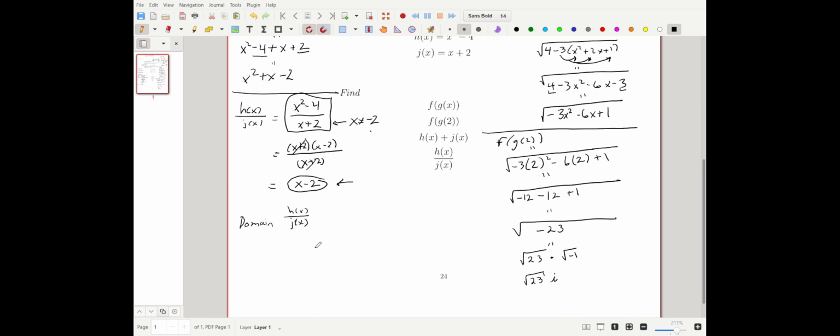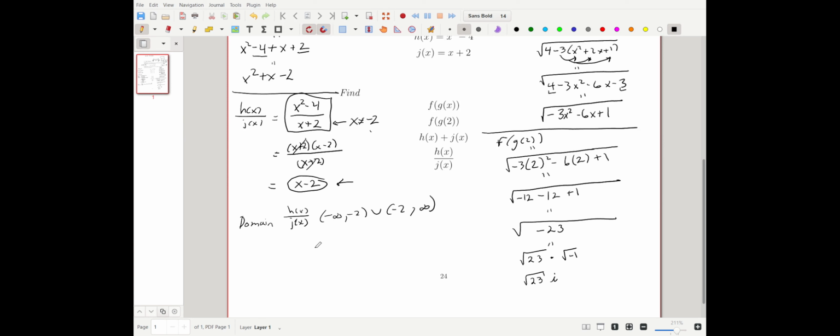So the domain of h of x over j of x would just be negative infinity all the way to negative 2, skip negative 2, and all the way to positive infinity, because our original representation of h of x over j of x wouldn't allow us to use negative 2.